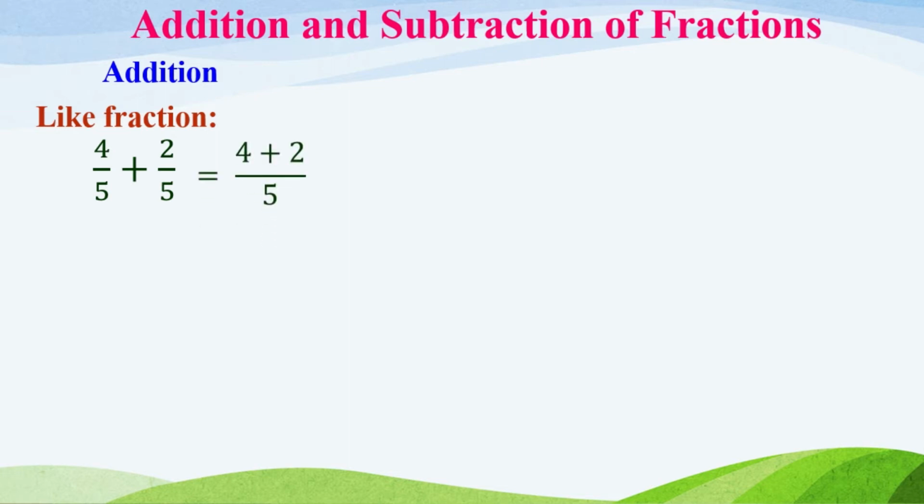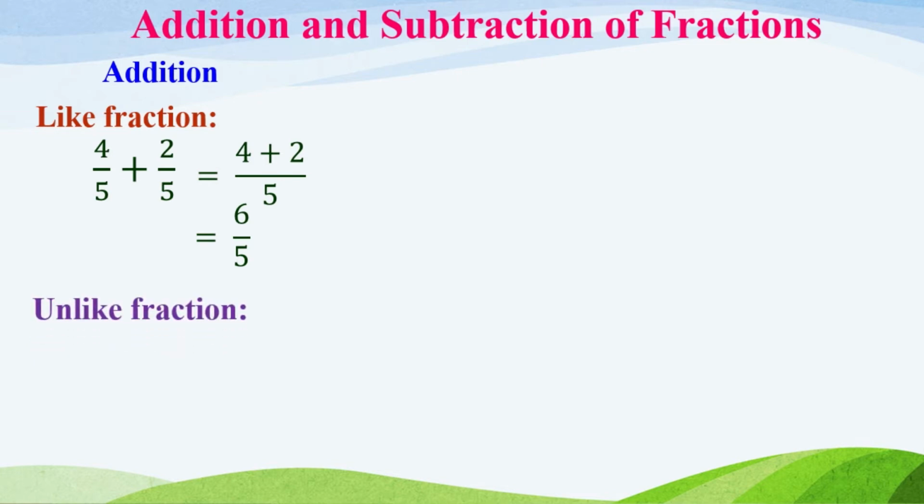Here denominators are the same, 5. So we can add easily, which is equal to 4 plus 2, with 5 taken common. So we get 4 plus 2 divided by 5. Now we can add the values. 4 plus 2, 6 by 5. We get 6 by 5.